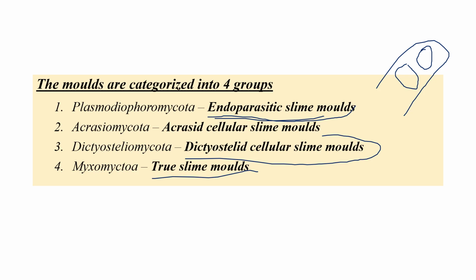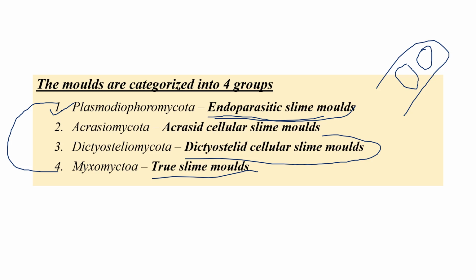In the entire Protozoa, Plasmodiophoromycota and Myxomycota are the two important phyla that we are going to concentrate on. If you ask me the most important one, I will suggest Plasmodiophoromycota. In previous year question papers, mostly everyone used to concentrate on Plasmodiophoromycota only.